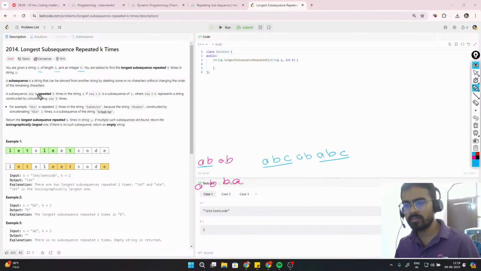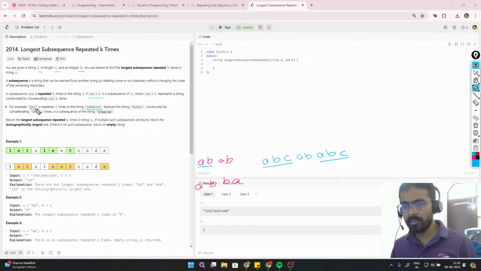A subsequence seq is repeated k times in the string s if seq concatenated k times is a subsequence of s. For example, BBA is repeated two times in the string, because the string BBABBA, constructed by concatenating BBA two times, is a subsequence of the string.